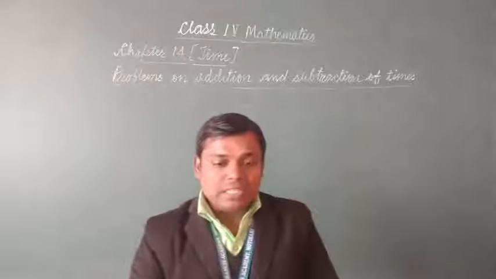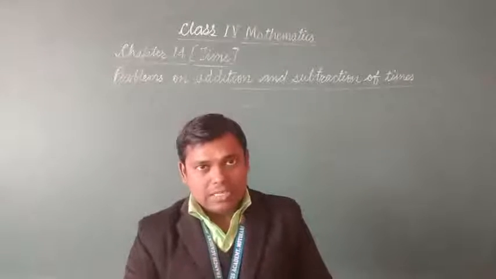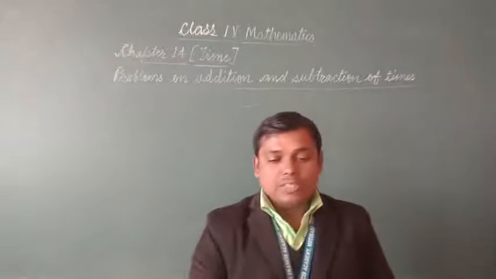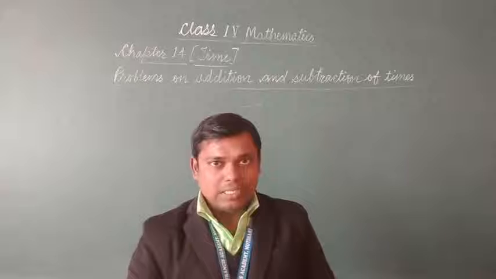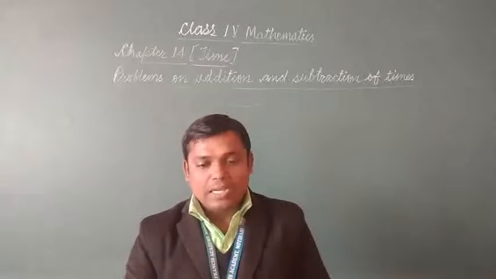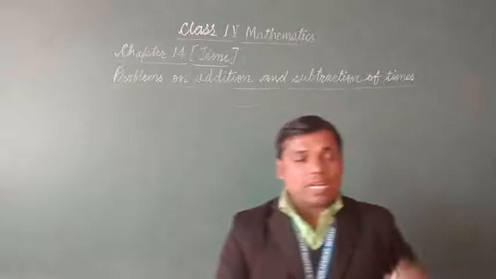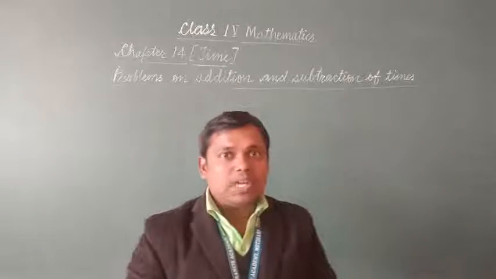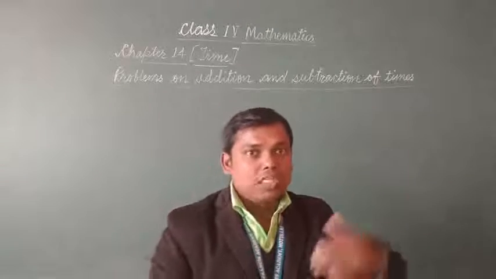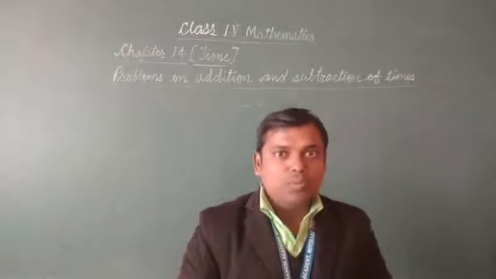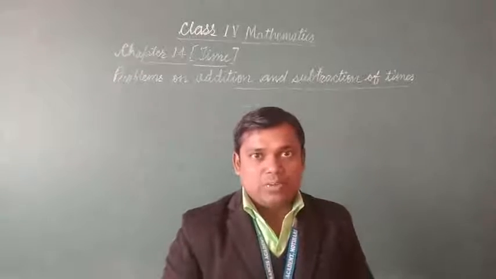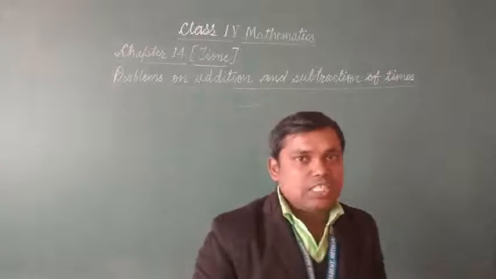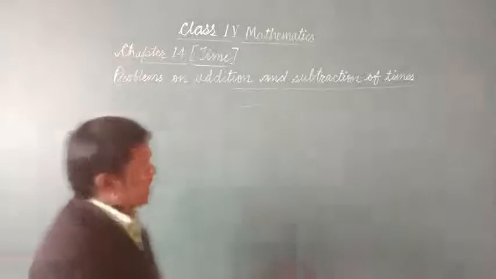In this question, it is given Rahim leaves home at 9:30 am and he returns home at 6 pm on the same day. So the duration of time he was out of home we have to calculate. Okay, so let's see the solution of this question.